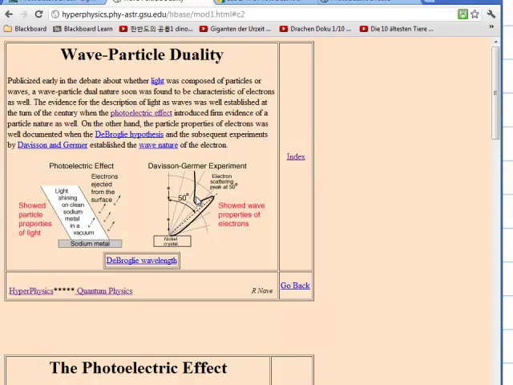And then the same turns out for particles such as electrons that we usually consider to be particles, but there are certain experiments, like the Davisson-Germer experiment, that show the wave properties of such particles, and I'll talk about that later. There will be a problem about the de Broglie wavelength.